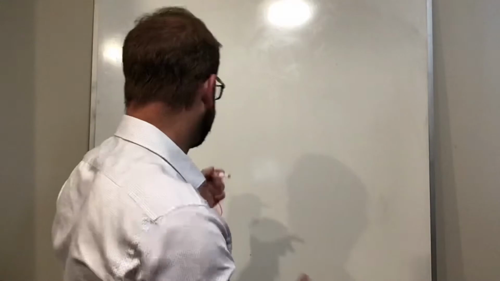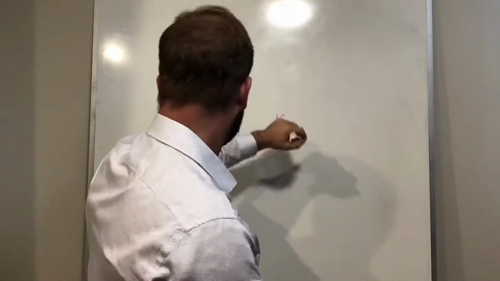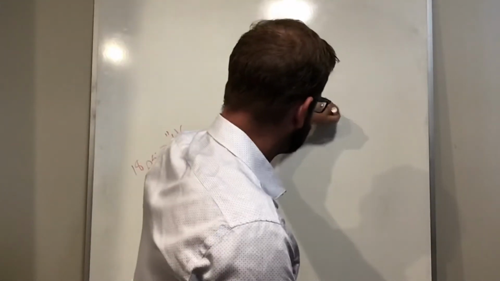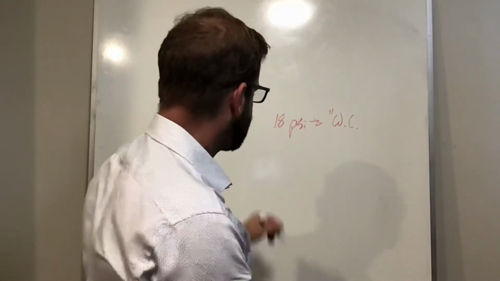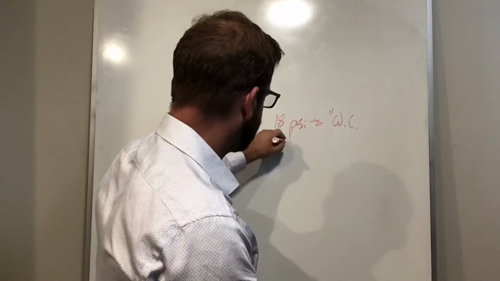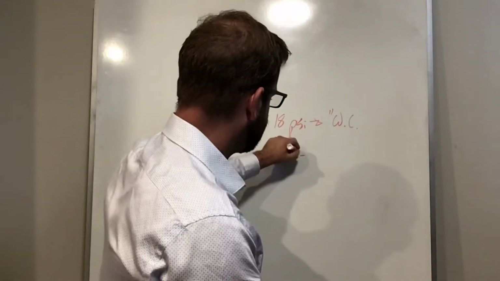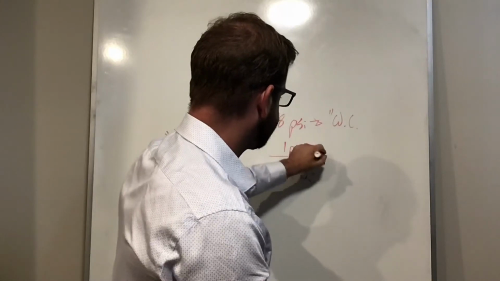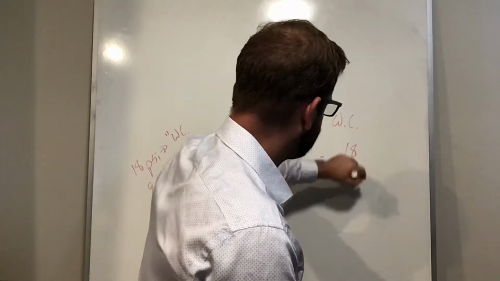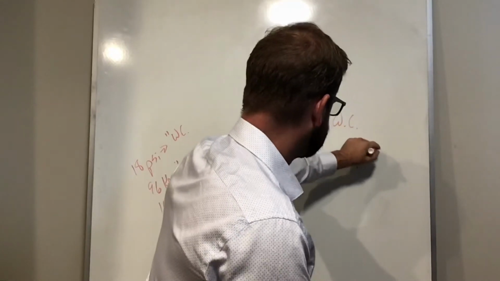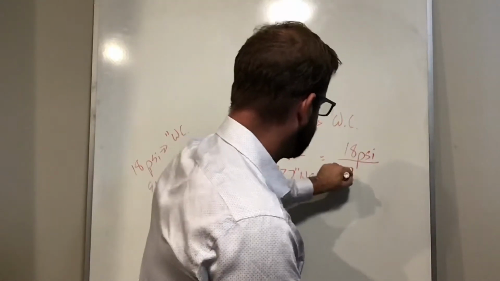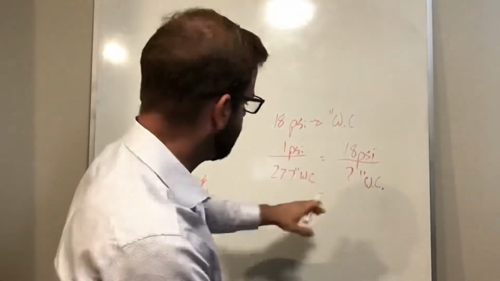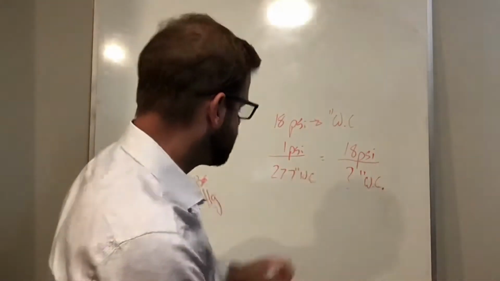Okay, so we have 18 psi to inches of water column. We know 1 psi is equal to 27.7 inches of water column, and we have an unknown water column that is equal to 18 psi. So we multiply together what we know: 27.7 times 18.